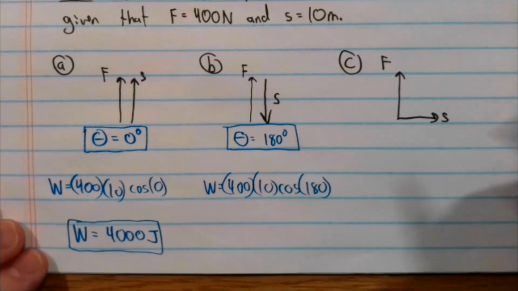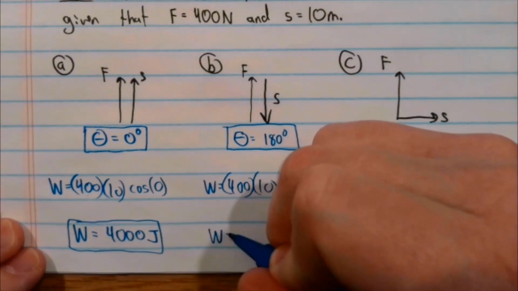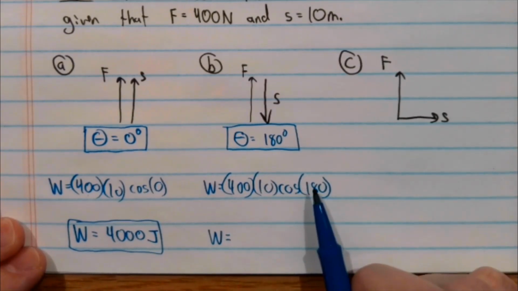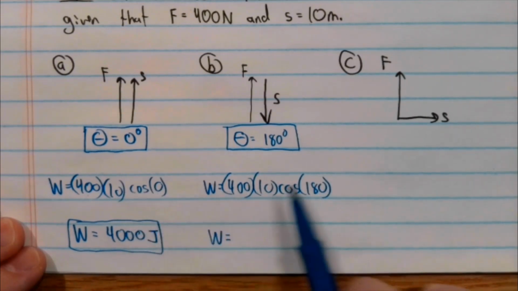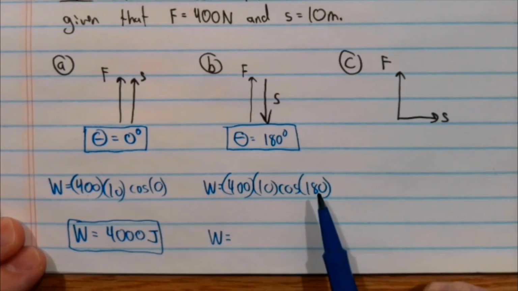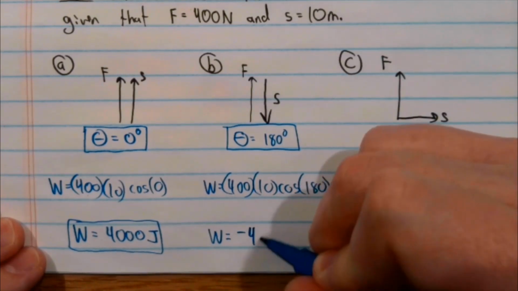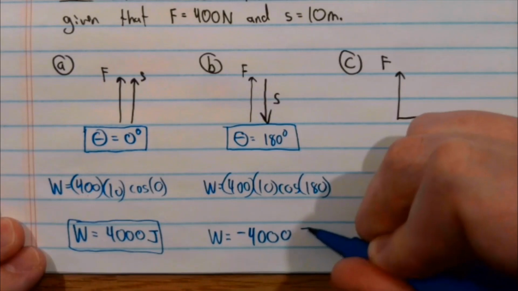Again, make sure your calculator is yielding a different answer here. Cosine 180 is negative 1. Cosine 0 is 1. Cosine 180 is negative 1. Make sure your calculator is getting negative 1.